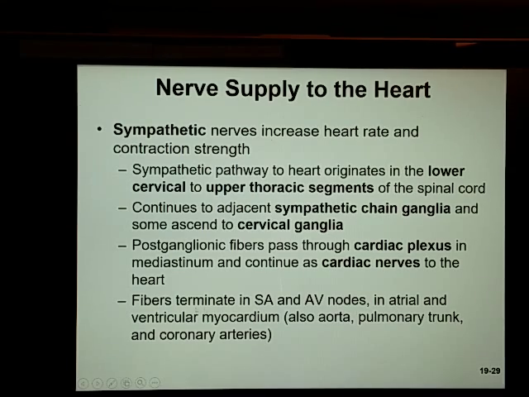They'll terminate in the myocardium, okay? And some of them can be found in the aorta, the pulmonary trunk, and the coronary arteries. When we have this sympathetic nervous system kick in, its job is to increase heart rate and the strength of the contraction.